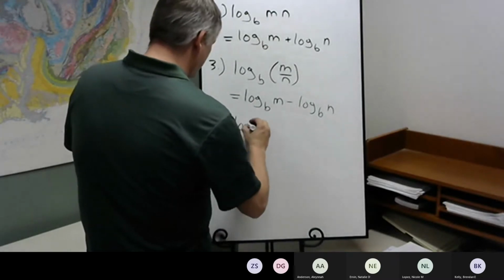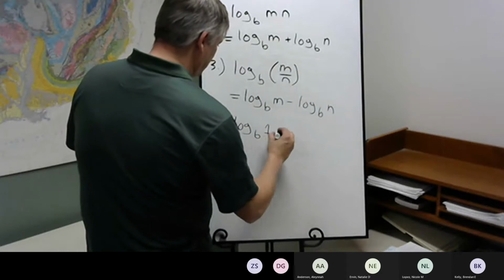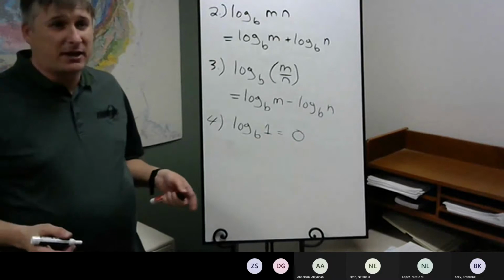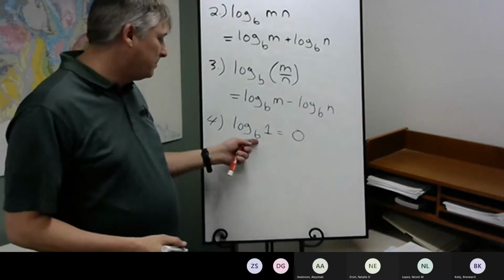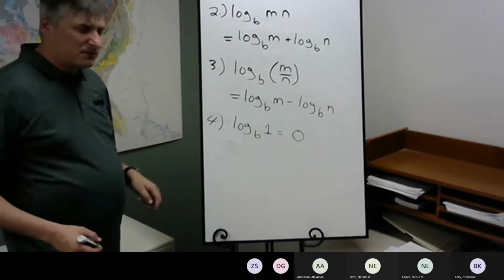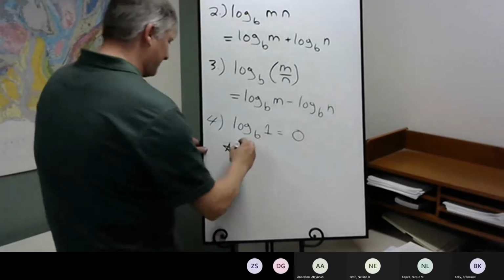First off, log base b of 1 is equal to 0. And you can see this using that counterclockwise movement, b to the 0 equals 1. There's an extra bit here.